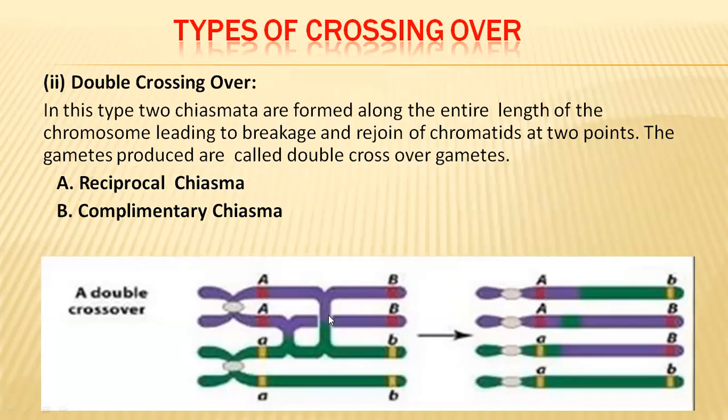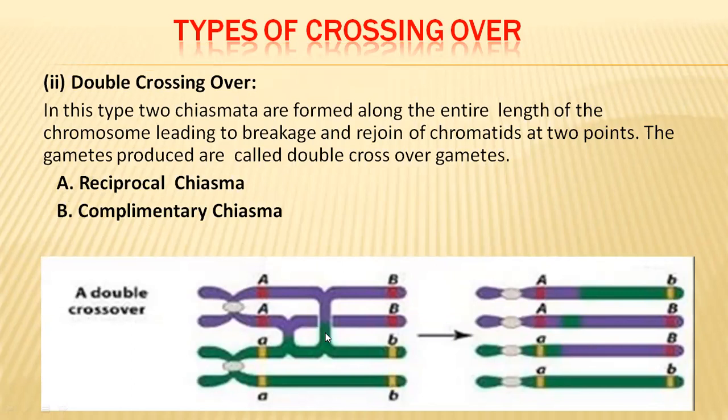So 2 chiasmata will be there, and this double crossing over is of 2 types based on the type of chiasma. So 2 types of chiasma can be seen in these double crossovers. One is reciprocal chiasma, another one is complementary chiasma. Reciprocal chiasma is one in which the 2 crossovers occur in between the same chromatids.